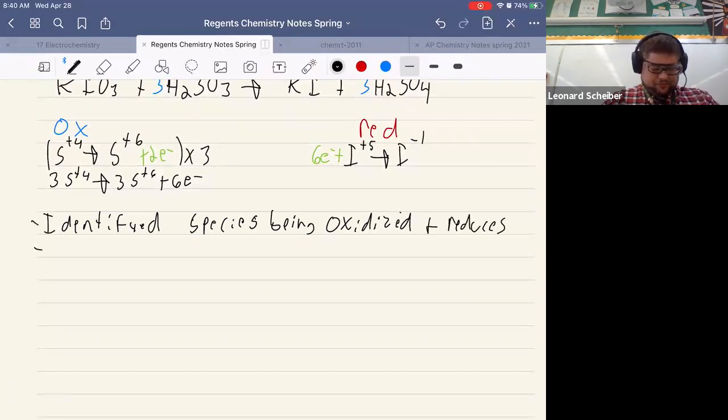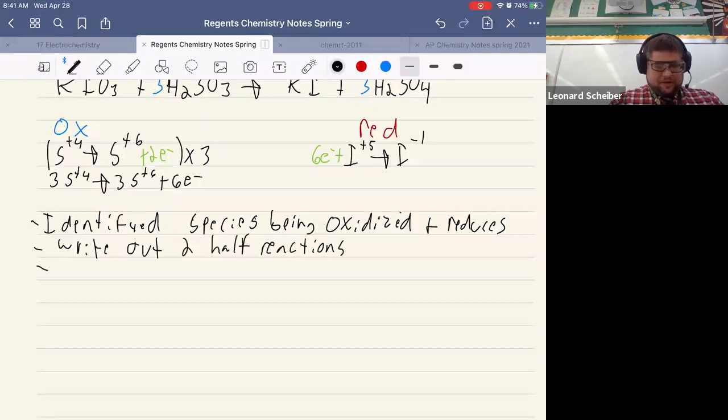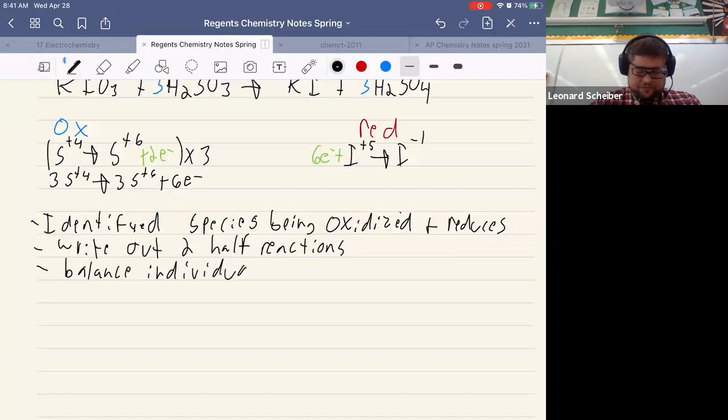Step 2, write out 2 half reactions. Step 3, balance individual half reactions by adding electrons.